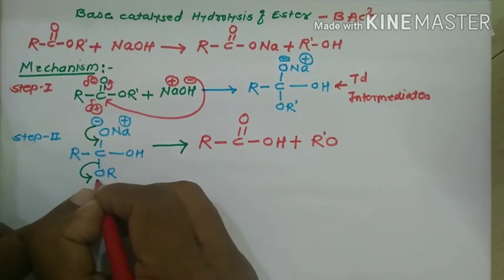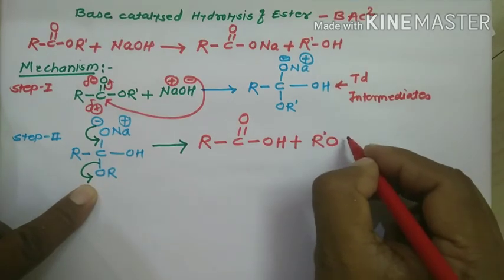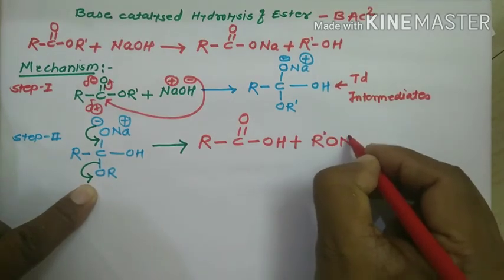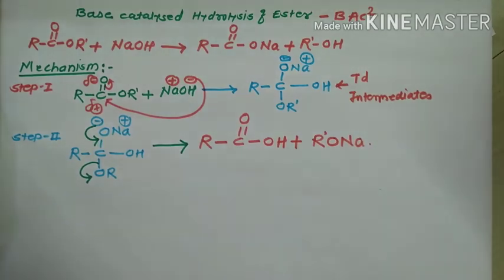This electron rich minus ion abstracts Na plus ion to form R-O-Na, the formation of salt molecules in step second.